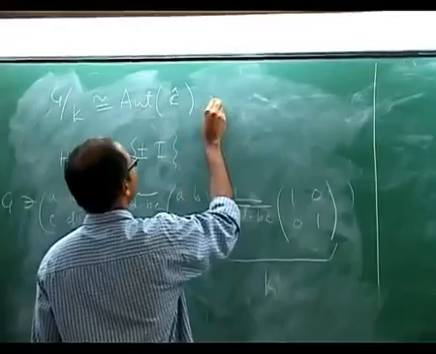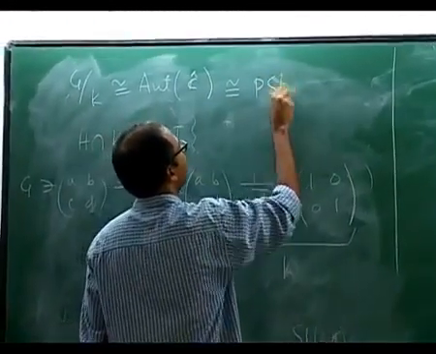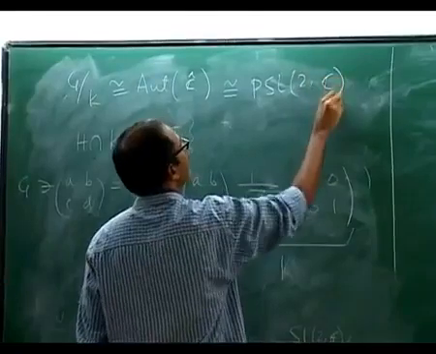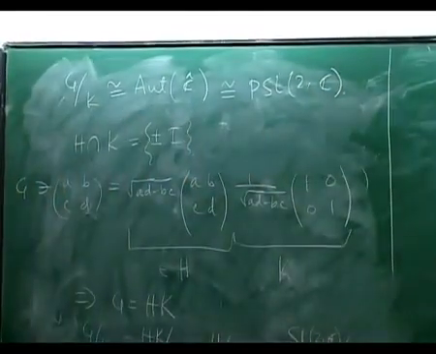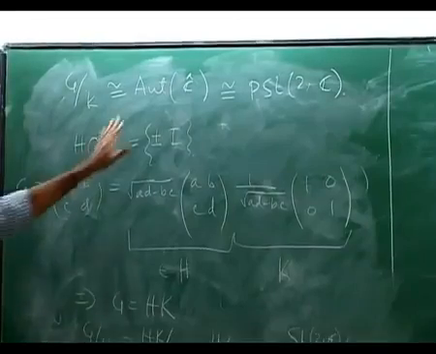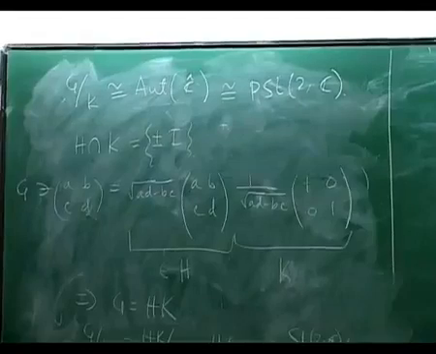So the automorphism group of this is PSL2C. So we know exactly what the group is. The Mobius transformations are everything.